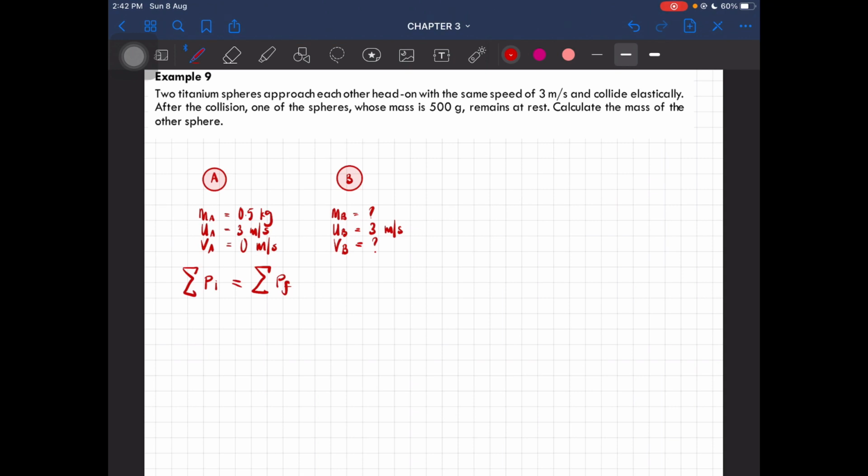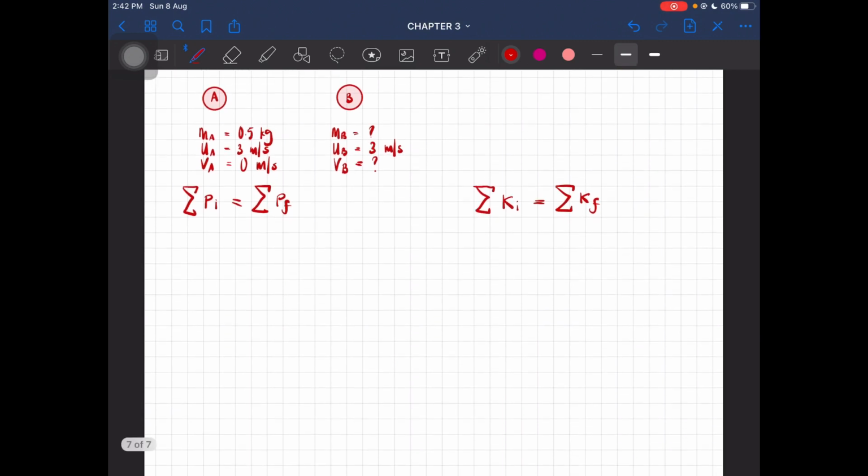The second equation is the kinetic energy. This is an elastic collision. The question says they collide elastically, which means this is an elastic collision. For an elastic collision, both the total momentum and the kinetic energy are conserved. Since there are two unknowns, we are going to use both.